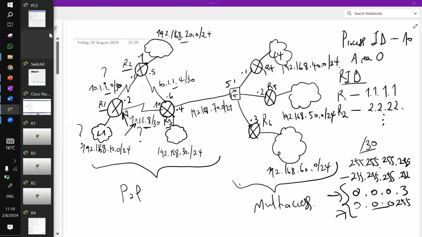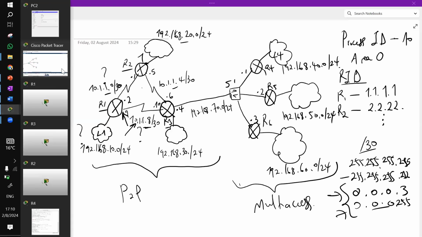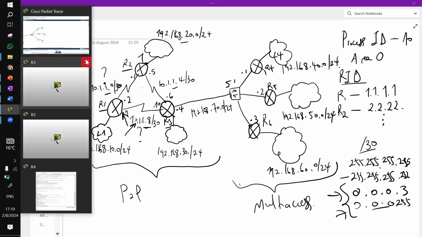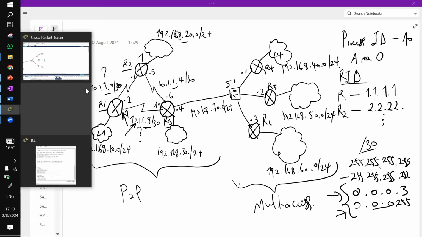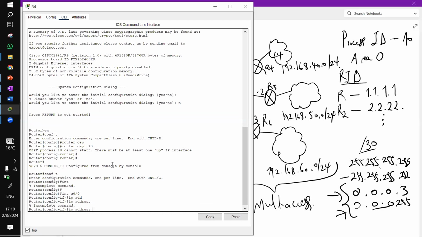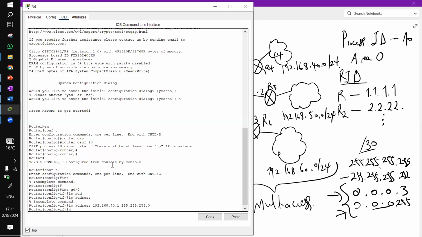Let me close a couple of things here. PC2, router 1, router 3, router 2. We're not using router 4. Right, IP address 192.168.70.1, 255.255.255.0. No shut.